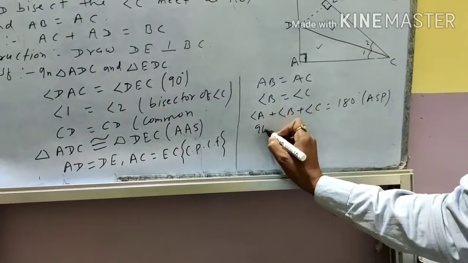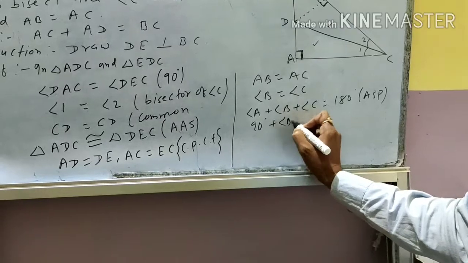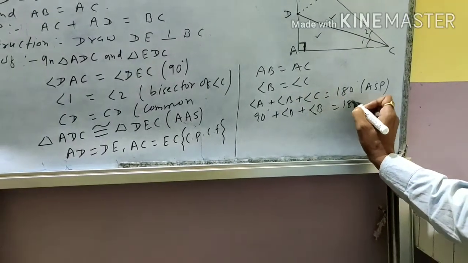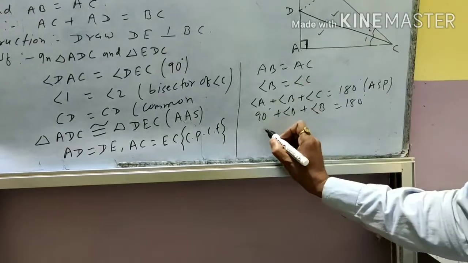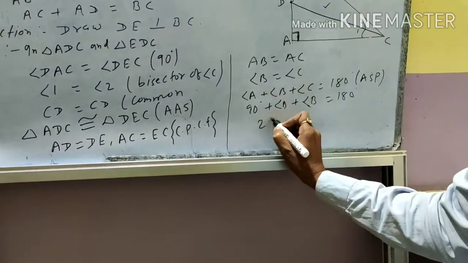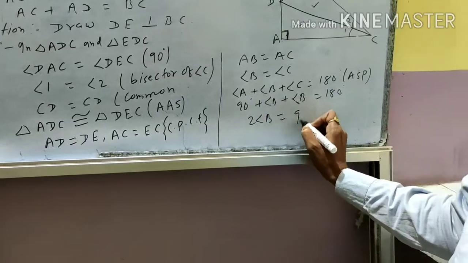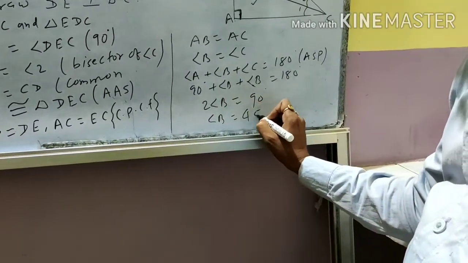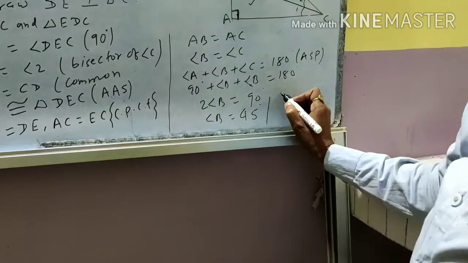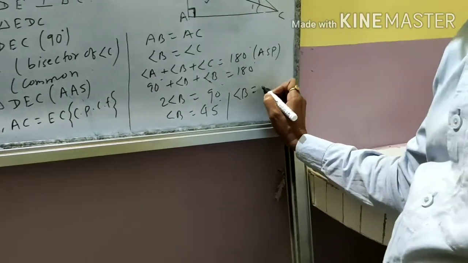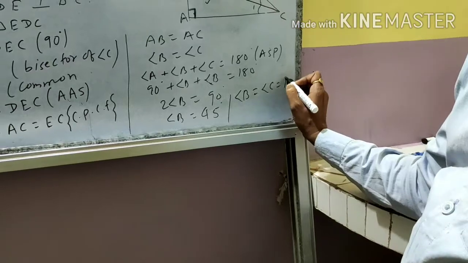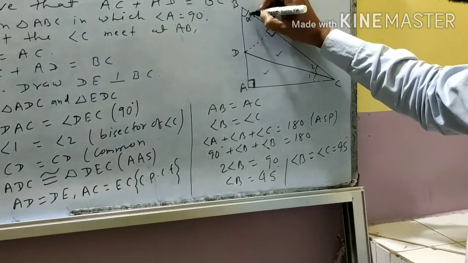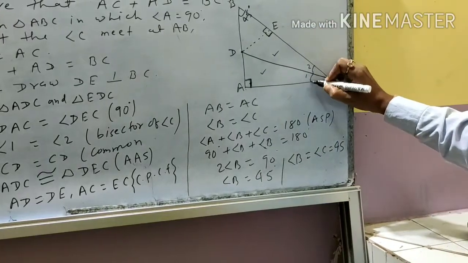Angle A is 90 degrees, so 90 plus angle B plus angle C is 180 degrees, and because angle B is equal to angle C, 2 times angle B is equal to 90 degrees. So angle B is equal to 45 degrees. So student, we have two results: angle B is equal to angle C is equal to 45 degrees.